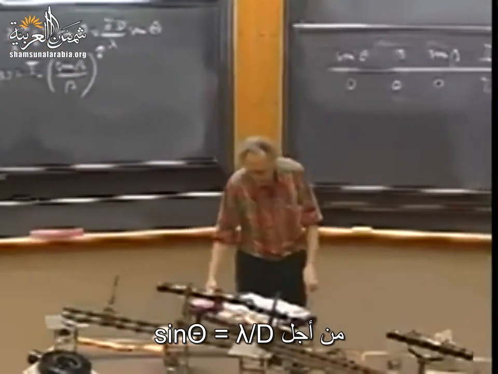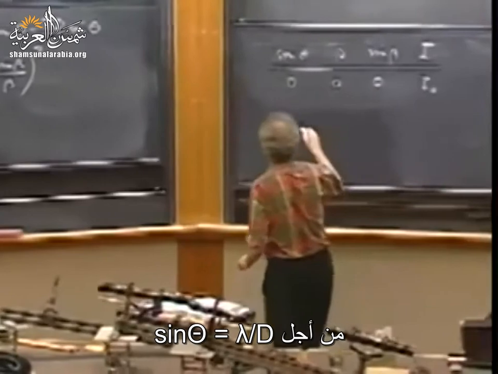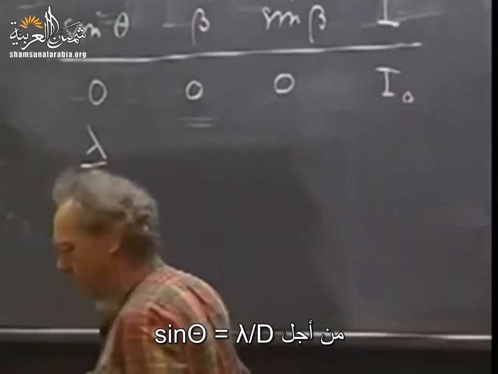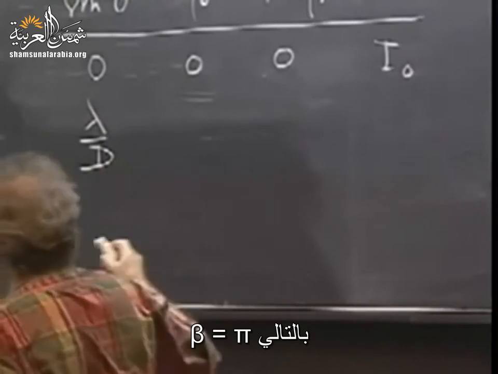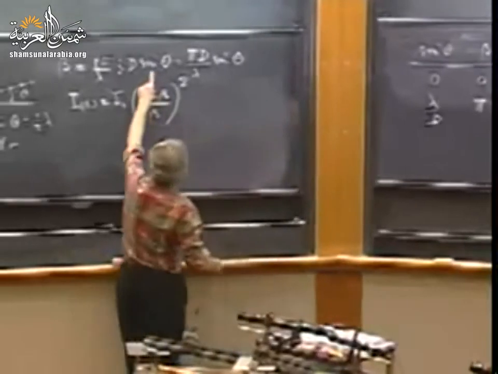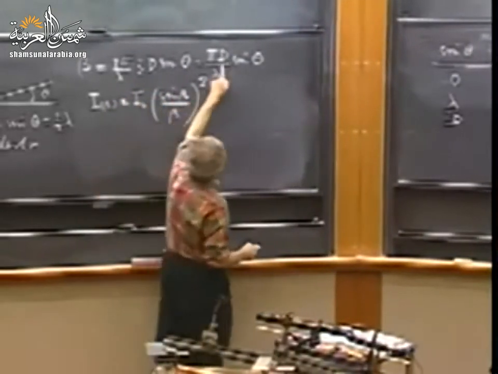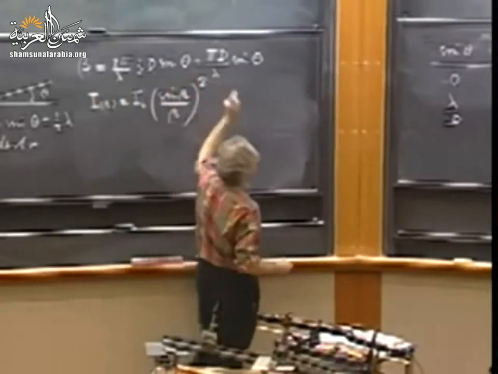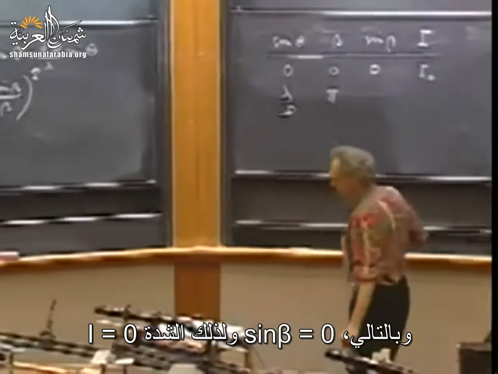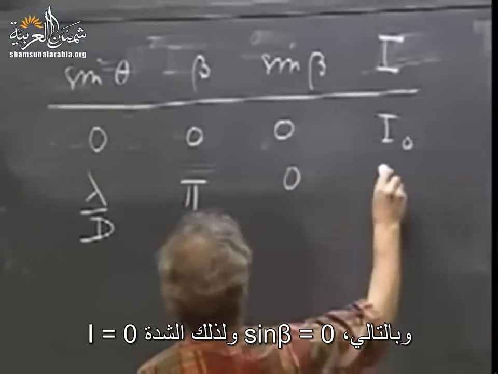So now let's take sine theta is lambda divided by d. So now beta is pi. We put in here sine theta is lambda divided by d. Here it is. So you see that beta is pi. So the sine of beta is now 0, and therefore the intensity is 0.